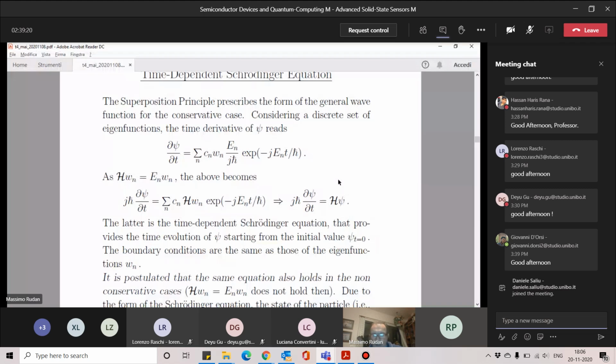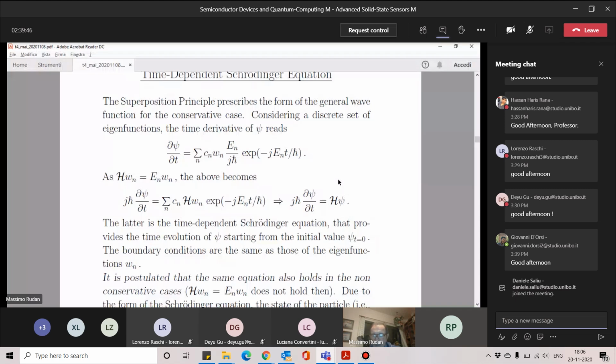It is applicable also to the non-conservative cases. This is a postulate that again proves correct. Okay, so the time-dependent Schrödinger equation is even more general than what we believed at the beginning. It is applicable also to the non-conservative cases.